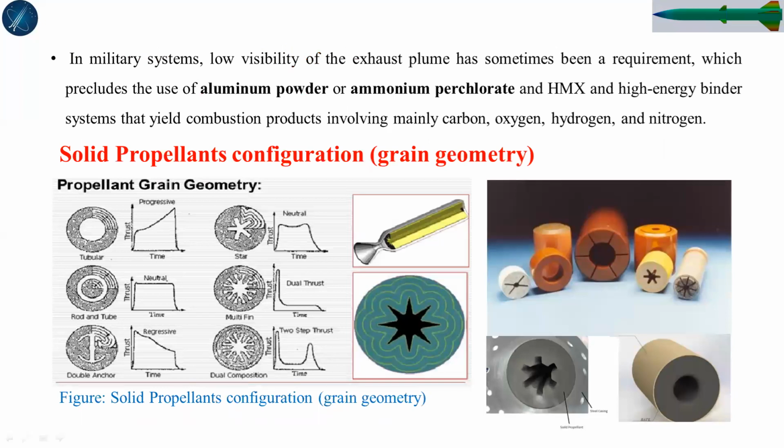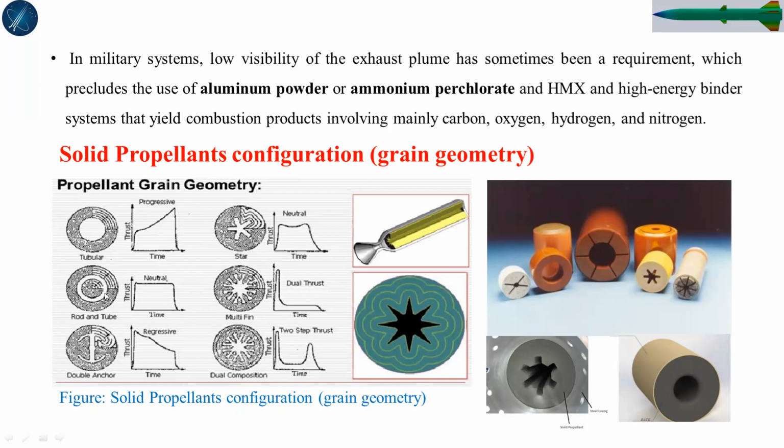So these are what we have discussed last time: various types of propellant grain, cylindrical type, star type, and various other kinds. Okay, so different shapes give different propulsive mechanisms or burning mechanisms.